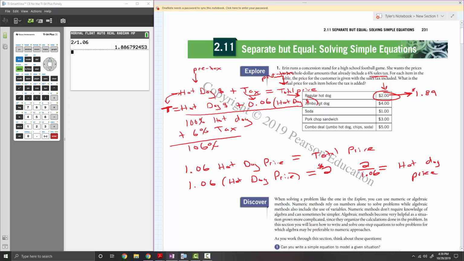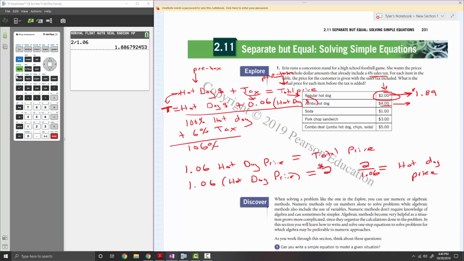And then if you think about these, all the remainder of these would be done in a similar fashion, right? I just need to take the price in the table and divide by 1.06, because the sales tax for all of these is 6%, right? So I could rewrite and redo my thinking about all of these, but I just need to divide by 1.06.